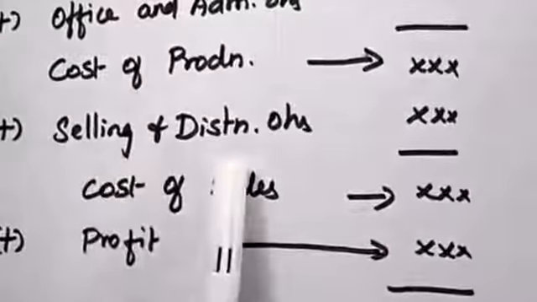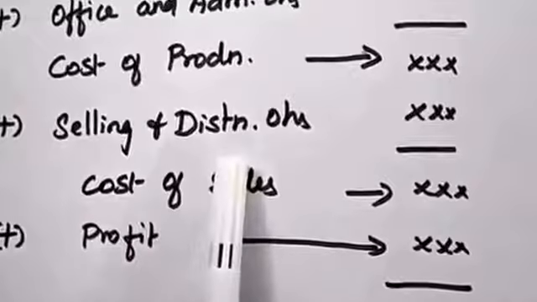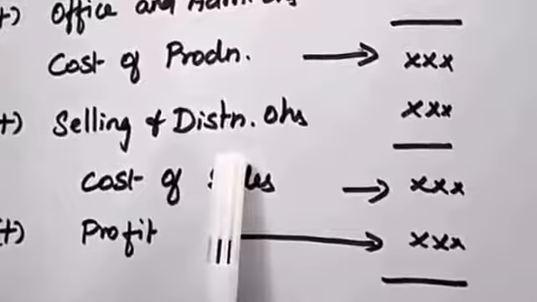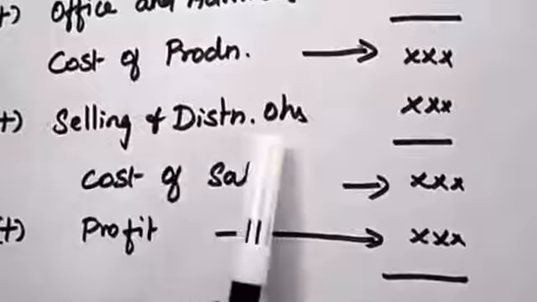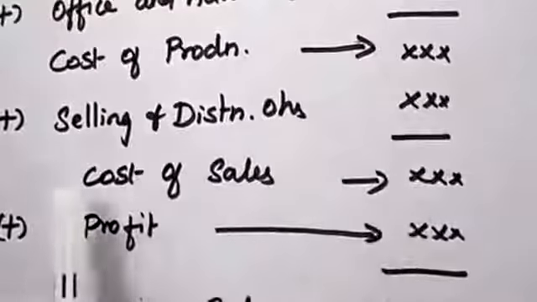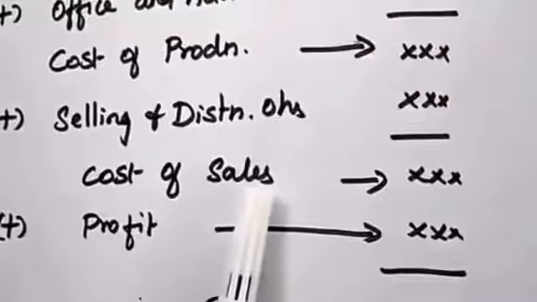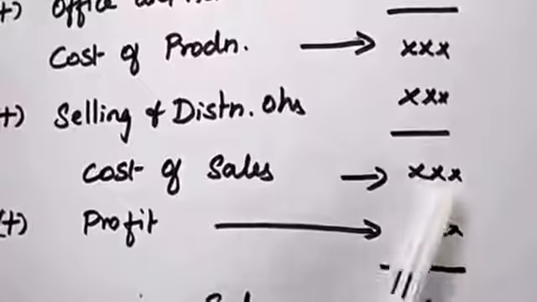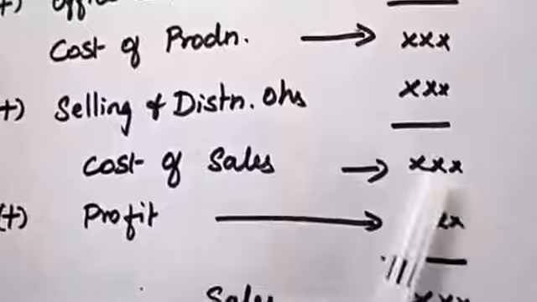All these things are called indirect expenses, that is, indirect overheads which come under selling and distribution overheads. And after adding this, you will get the total cost of sales. This is the total cost of production or total cost of sales.